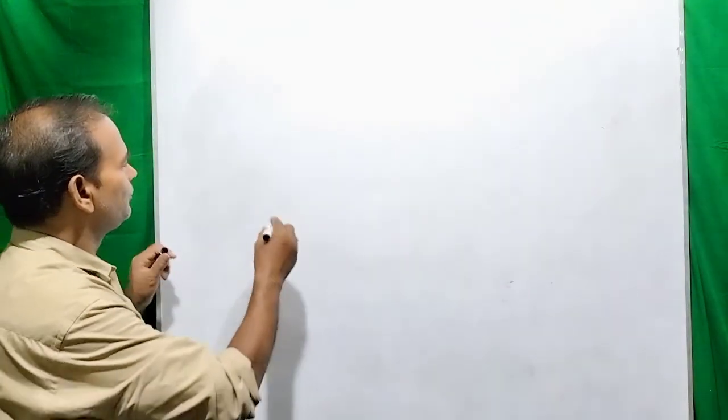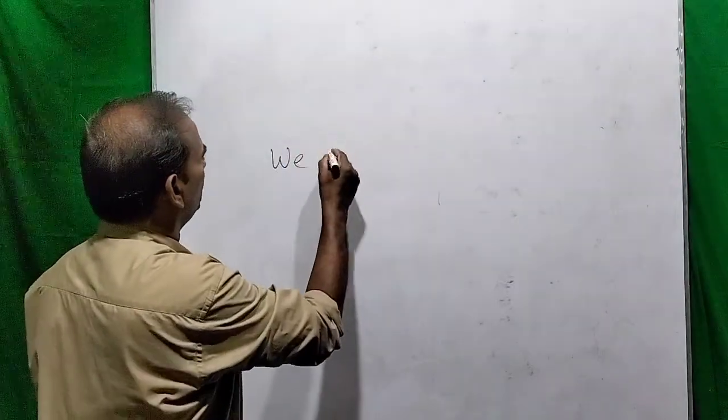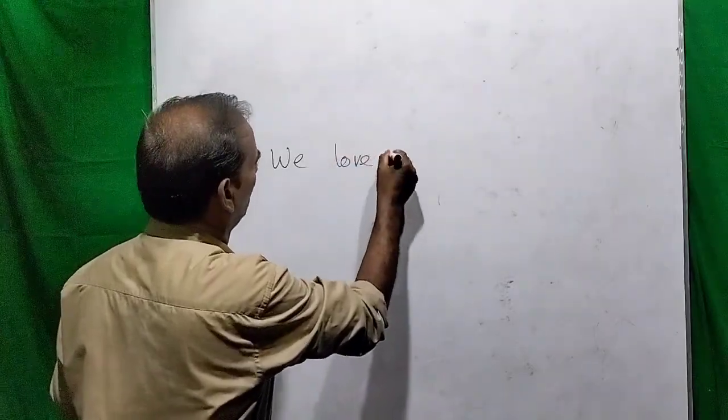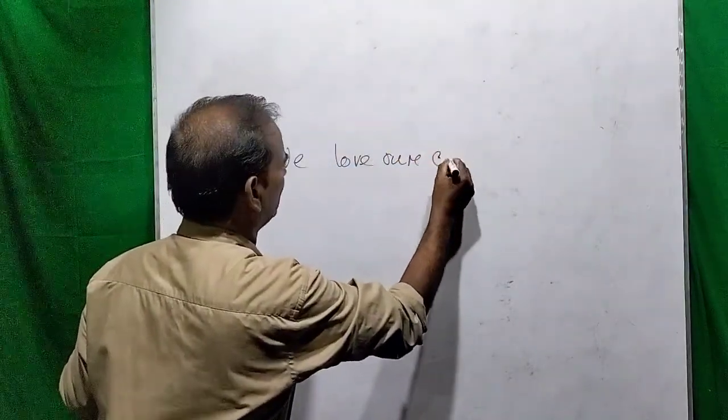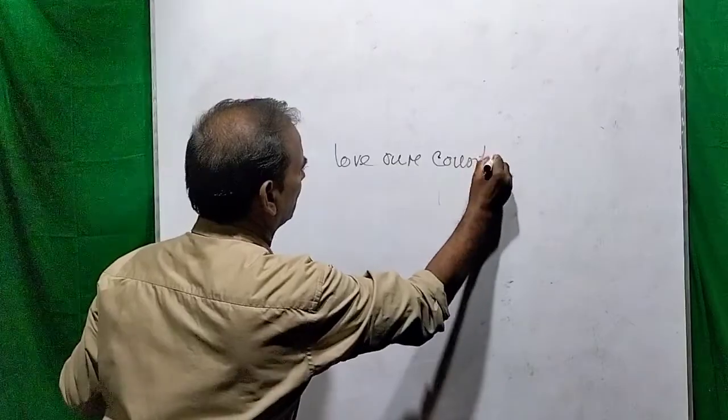Okay. We can also use present indefinite tense with the verb of emotions. Verb of feeling. Generally, we use present indefinite tense with the verbs of emotions or feelings. Suppose we love our country.